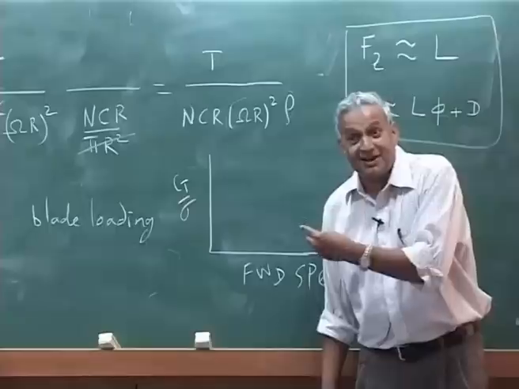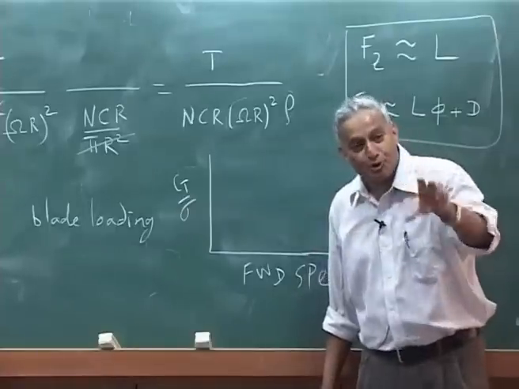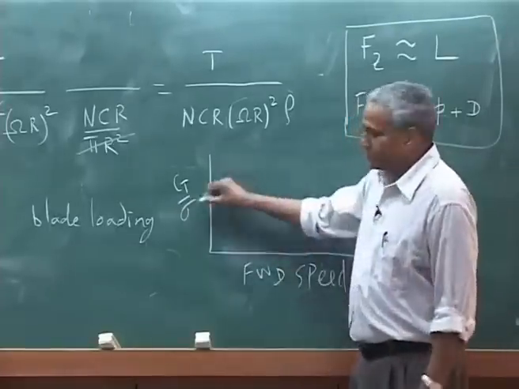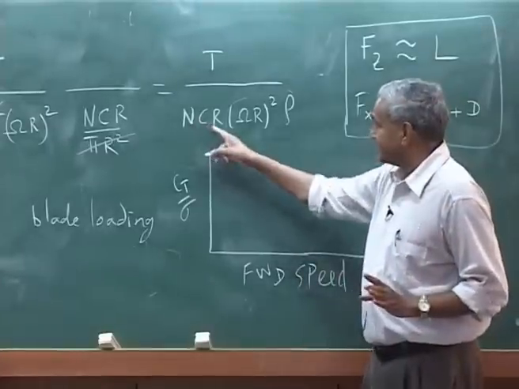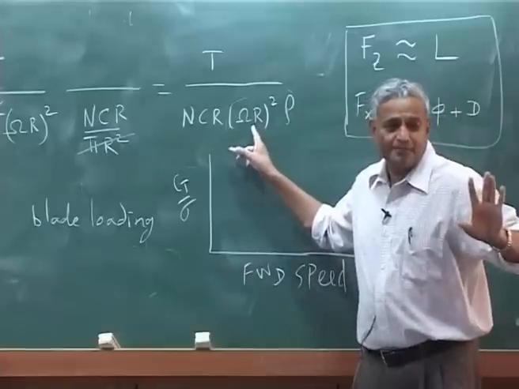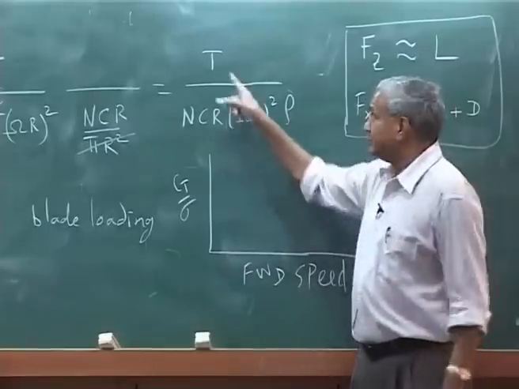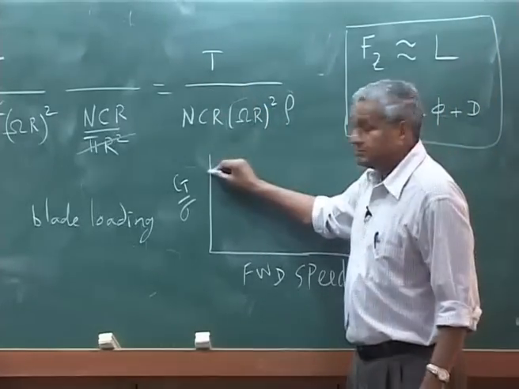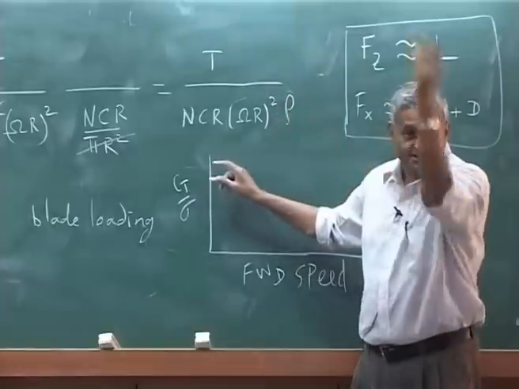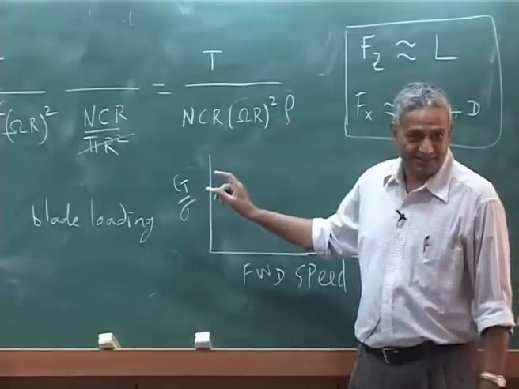Please understand, this is drawn for a given rotor. Given rotor means sigma is fixed, and omega r is also fixed, but you can keep on increasing this up to a point where you reach the angle at which the blade will stall.